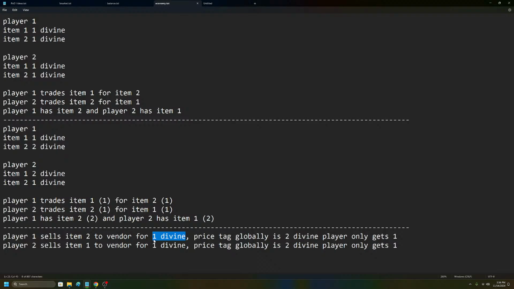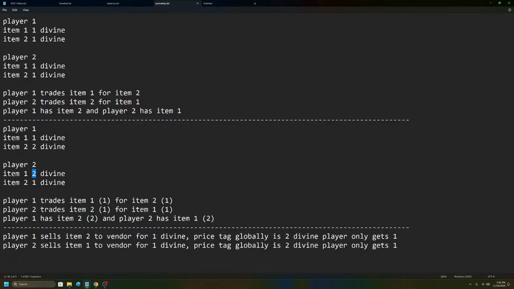So item 1 for player 1, when you trade that item, the tag on the item is 1 divine. But for player 2, item 1 is 2 divine.